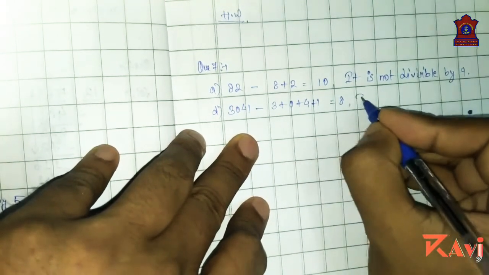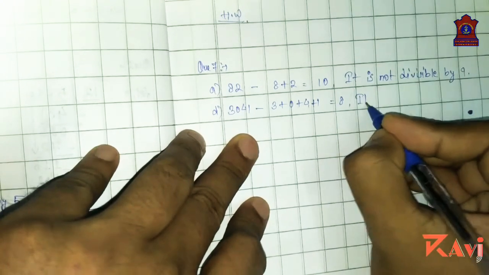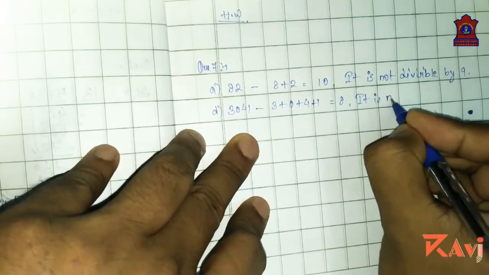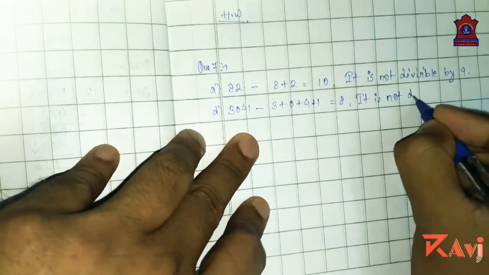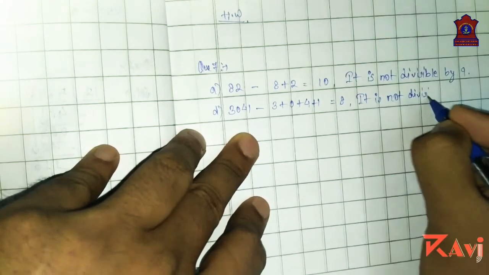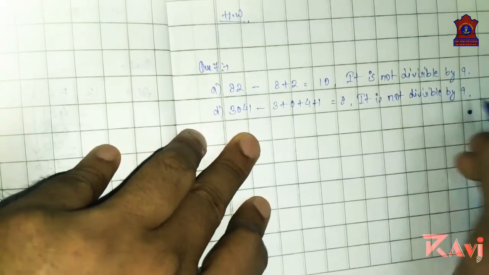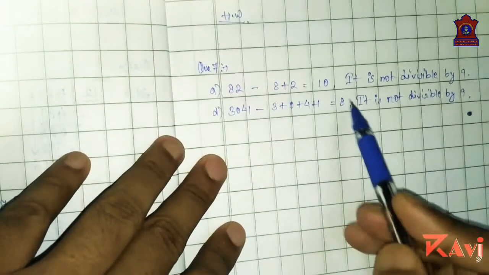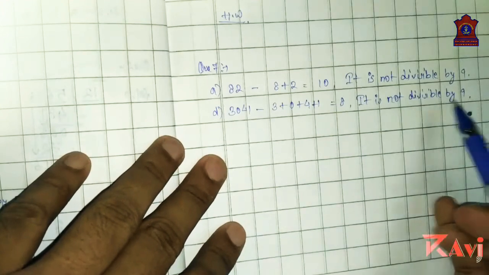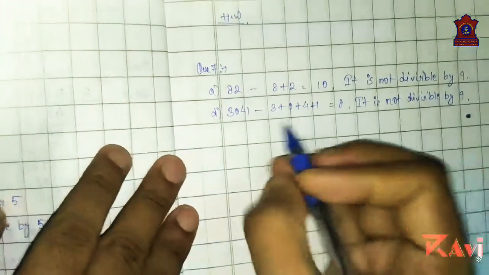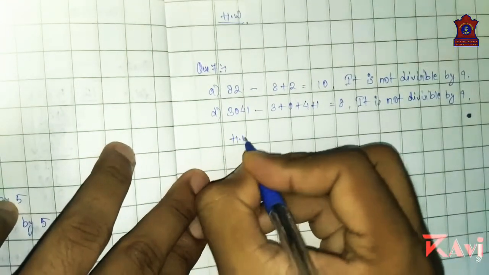Again it is not divisible by 9. Clear? You have to check whether the sum is divisible by 9. Okay, so rest of all you can do as homework.